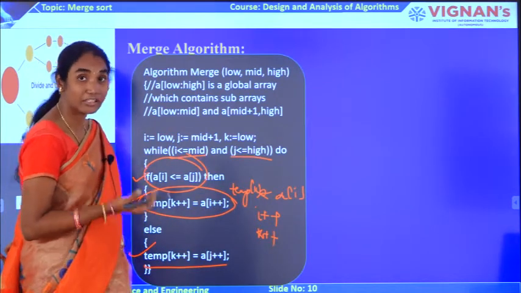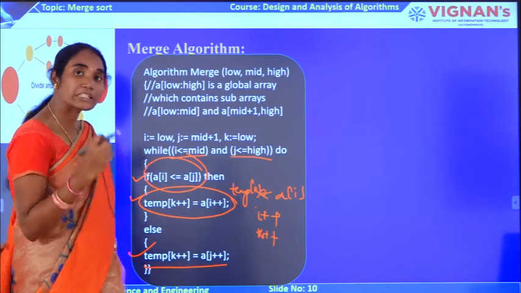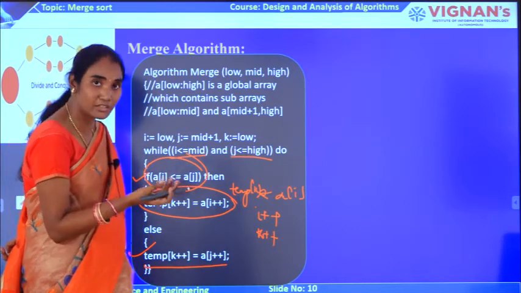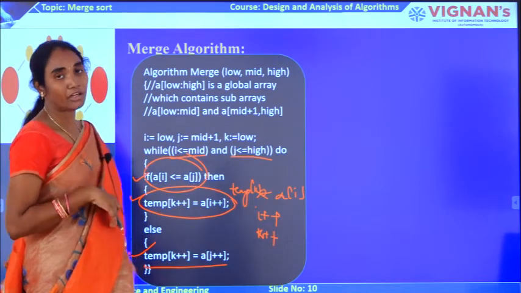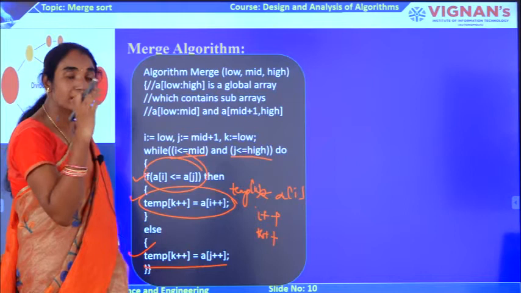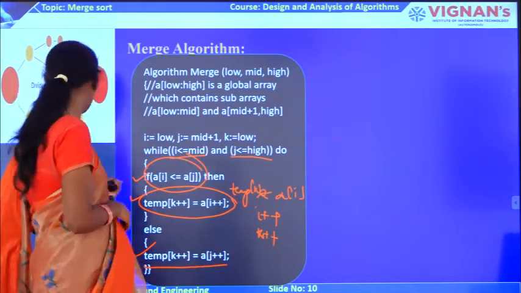What is the remaining thing left? If there are some elements left in the first sublist, then the remaining elements I need to copy to the temporary array. If there are some elements left in the second sublist, even those elements I need to copy to the temporary array.